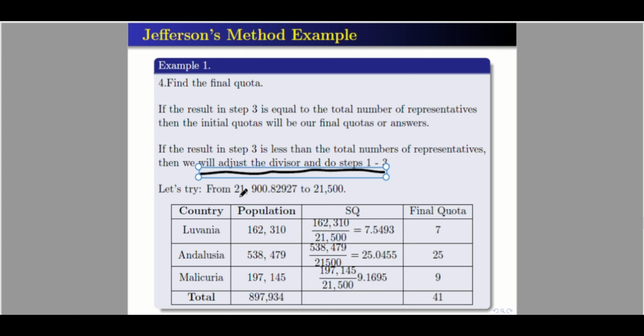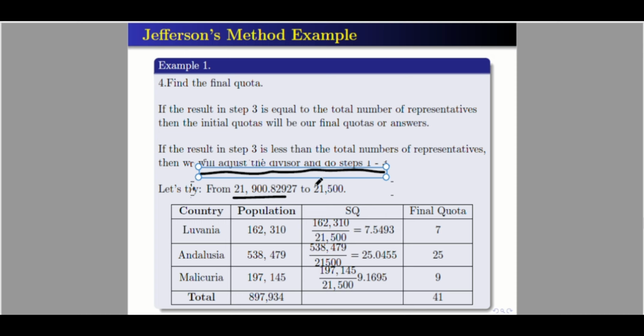Now, take note our SD is 21,900.82927. So we can adjust this one. Say, for example, I will adjust this to 21,500. So our SD now is 21,500, the adjusted SD. So I will go back to my step 2.